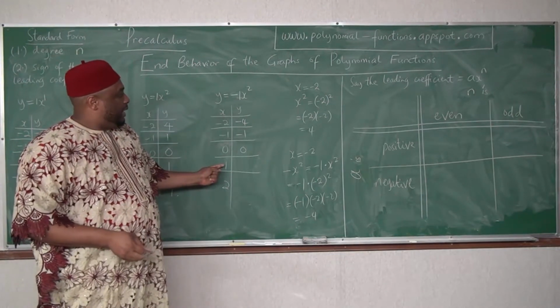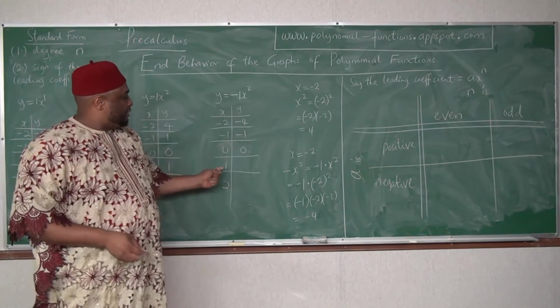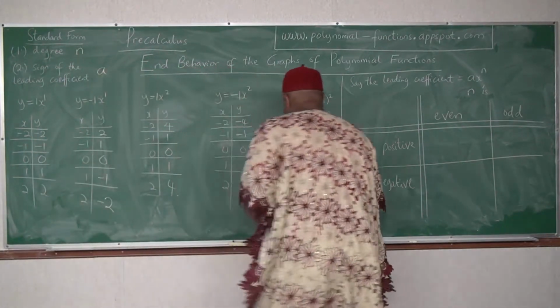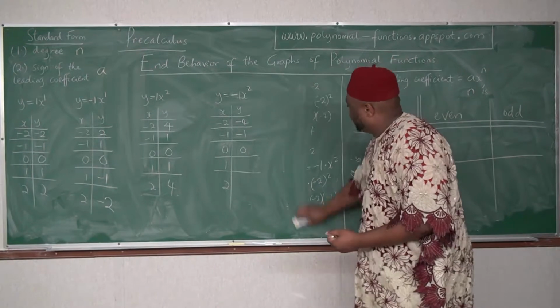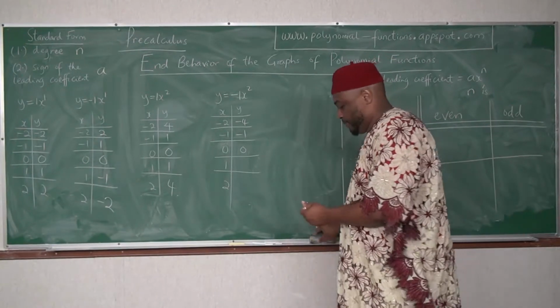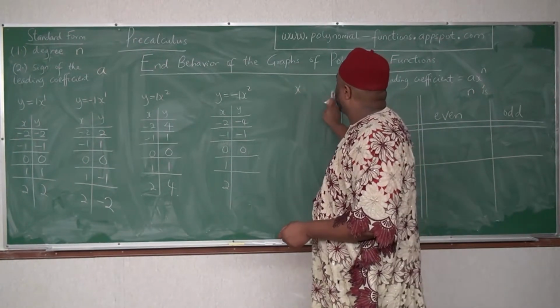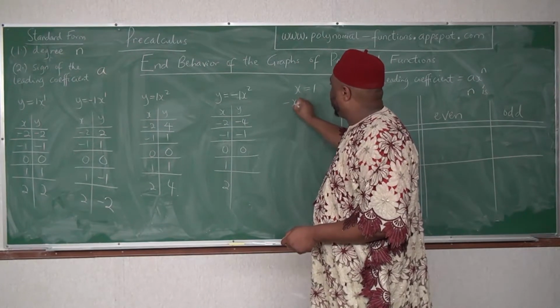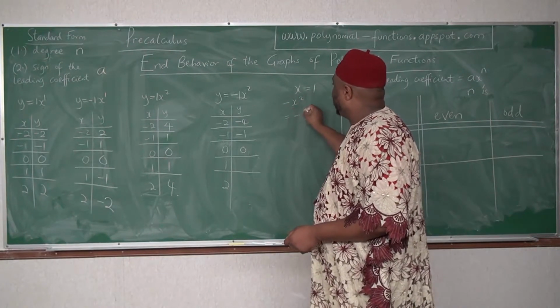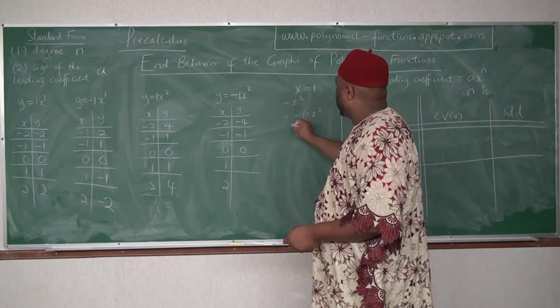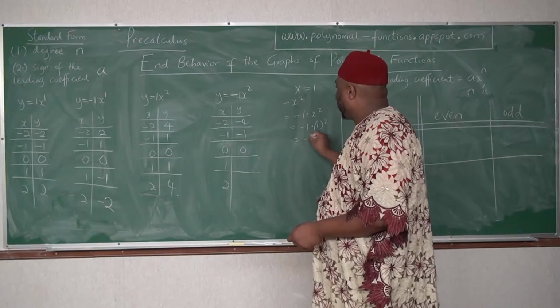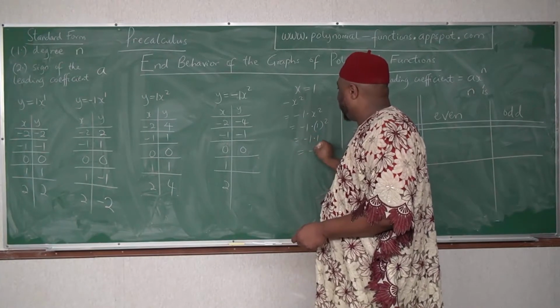When you have x to be 1, so negative x squared is negative 1 times x squared, which is negative 1 times 1 squared, which is negative 1 times 1, which is negative 1.